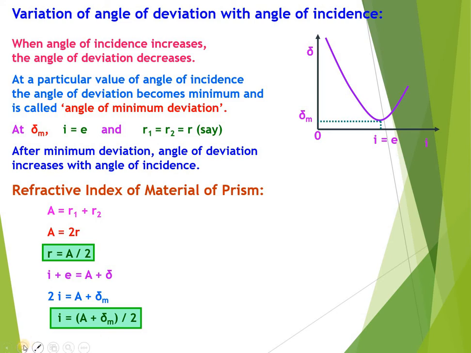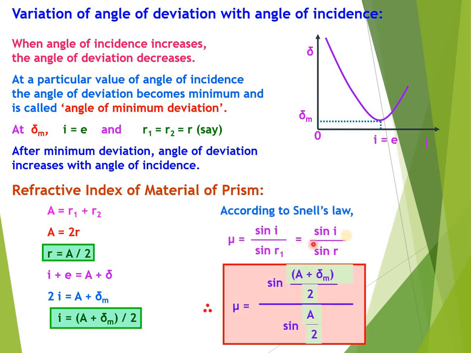Since light is incident on one face with the angle of incidence I and angle of refraction R, we can apply Snell's law. After applying Snell's law and placing the values under this condition of minimum deviation, we get the value of I as (A plus delta m) upon 2 and R as A upon 2.